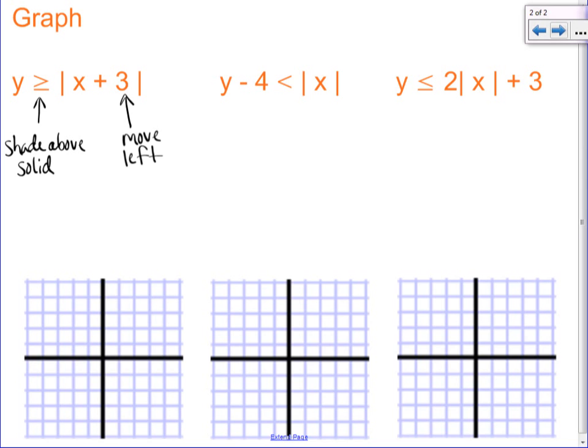Okay, so let's do that. So we're going to move left 3. The V graph goes up 1 over 1, both directions. We wrote down that it's a solid line, so I'm going to do that here. And shade above. So shaded above. Questions?